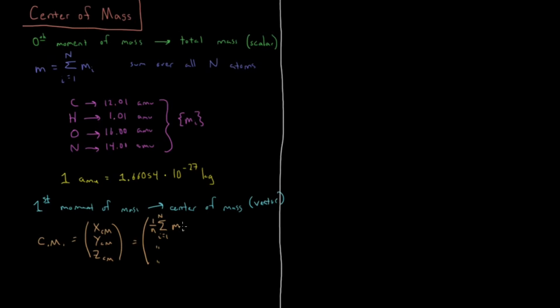So I have the mass of atom i times its x-coordinate, sum again, mass of atom i times its y-coordinate, sum again, mass of atom i times its z-coordinate. Okay, so that's how we actually get the value for the center of mass. So that'll be a 3D Cartesian point or a vector, whichever you prefer to view it as.